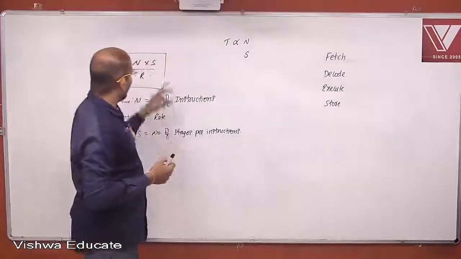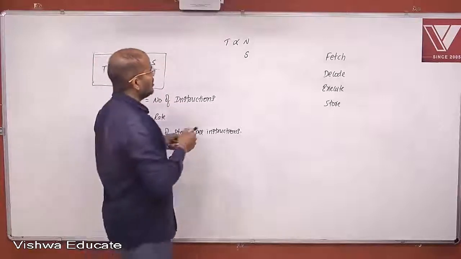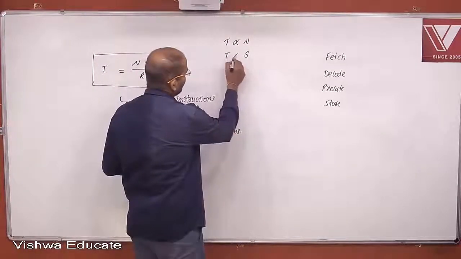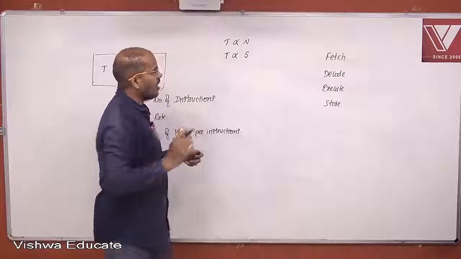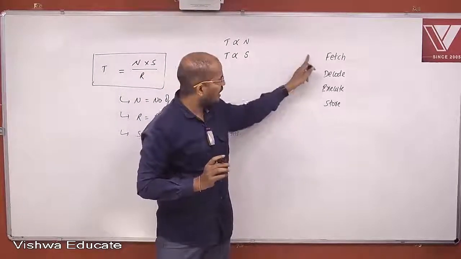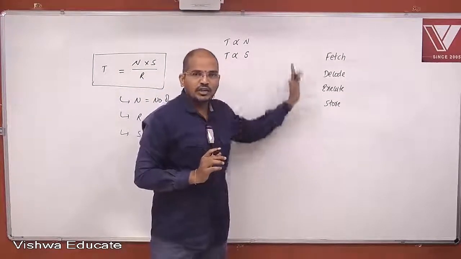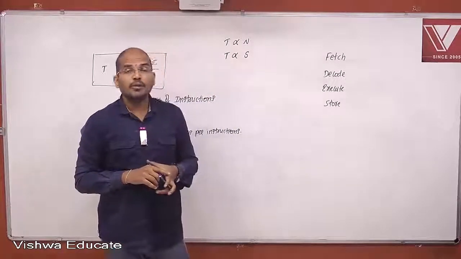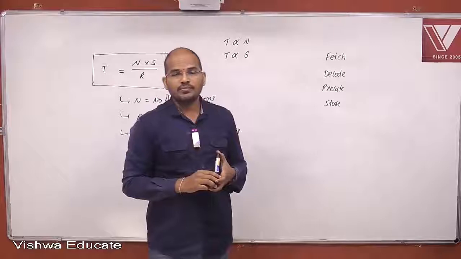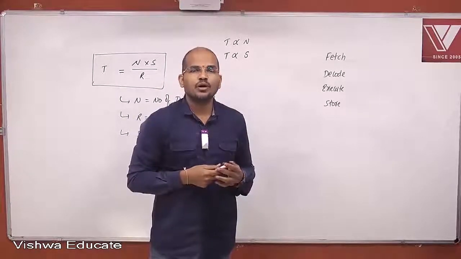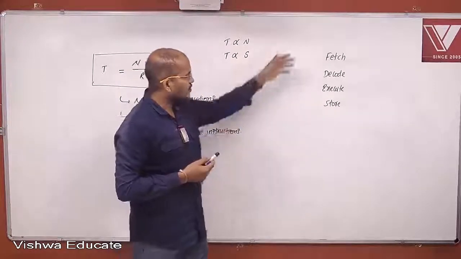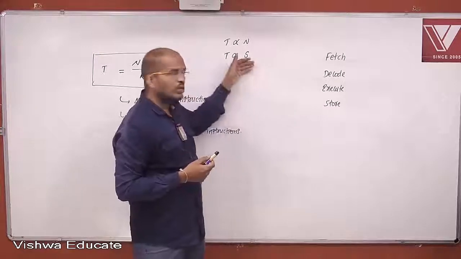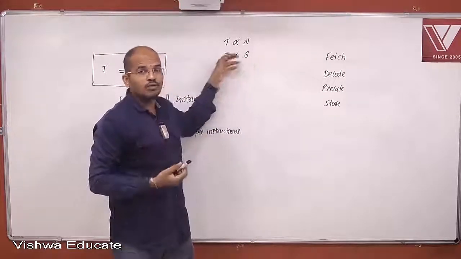So as the value of S increases, the value of T also increases. And when you have multiple stages, and if they are independent of each other, we can implement a concept called pipelining. So more stages result in more time.